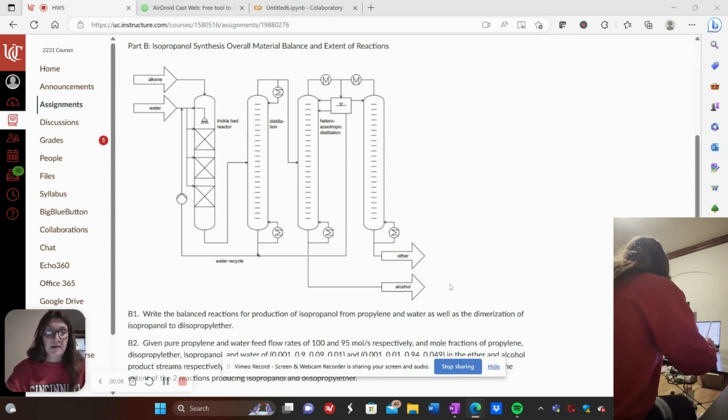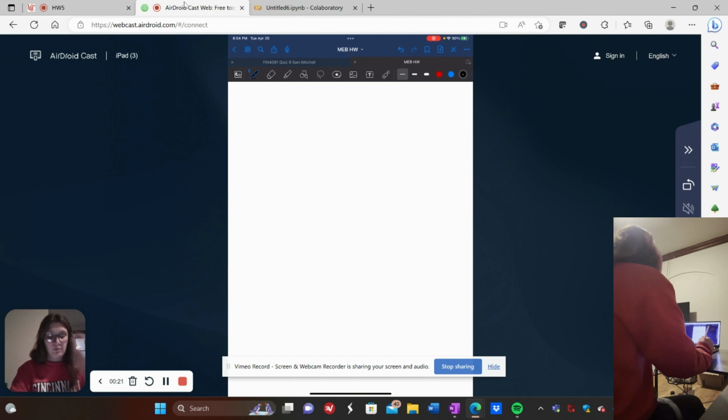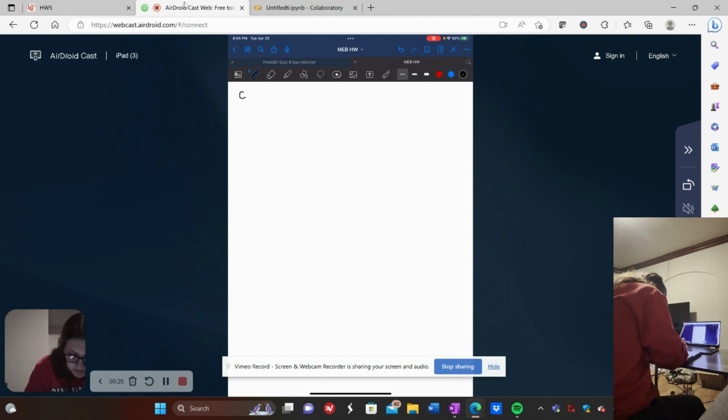B1 says, write the balanced reactions for production of isopropanol from propylene in water, as well as the dimerization of isopropanol to diisopropyl ether. So our equations are propylene, C3H6, plus water, yields isopropanol, so that's C3H7OH.